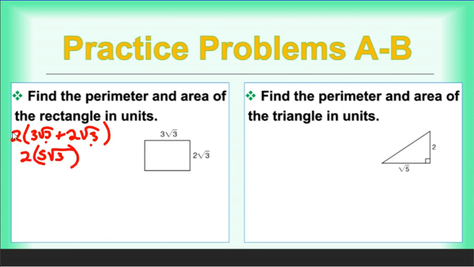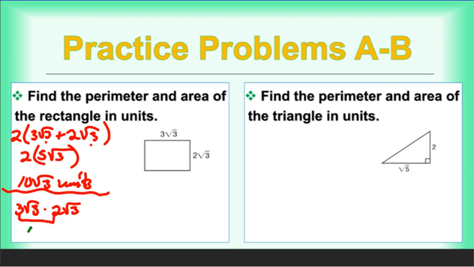So this will give us 10 square root of 3 units for our perimeter. And our area, we would take 3 square root of 3 times 2 square root of 3, which would give us 3 times 2 is 6. Square root of 3 times square root of 3 is 3, which would give us 18 square units.